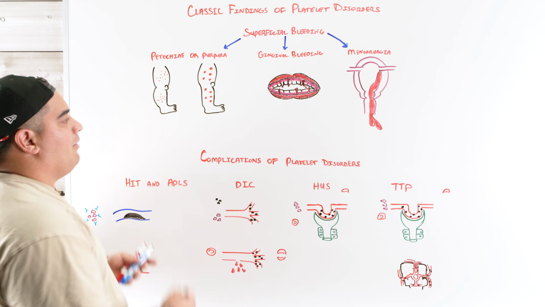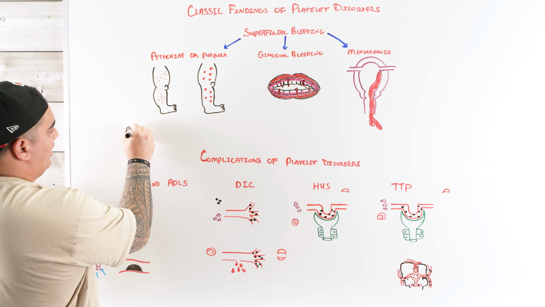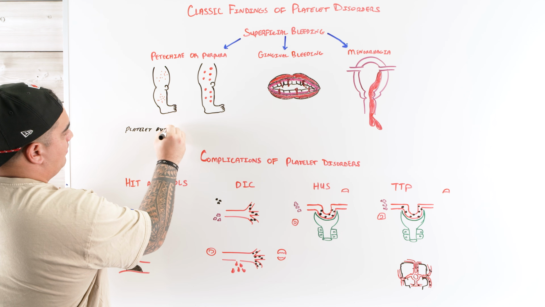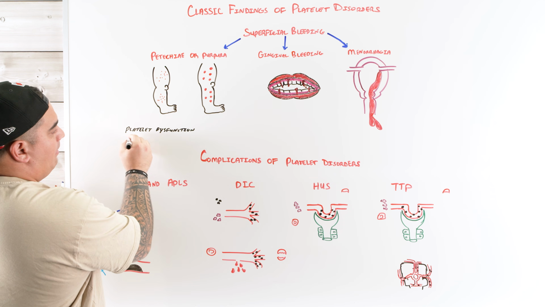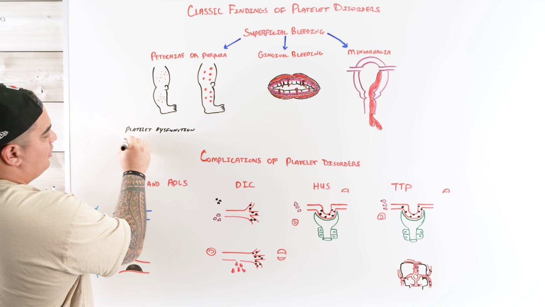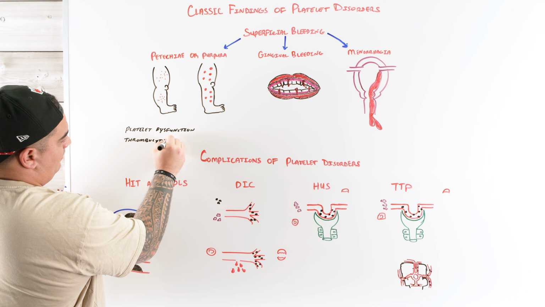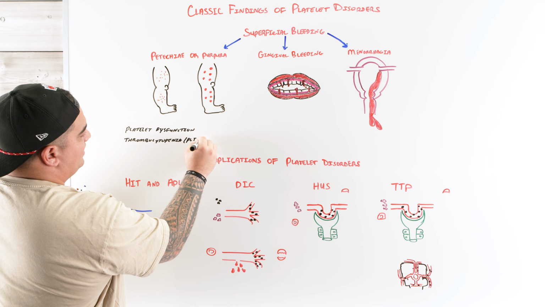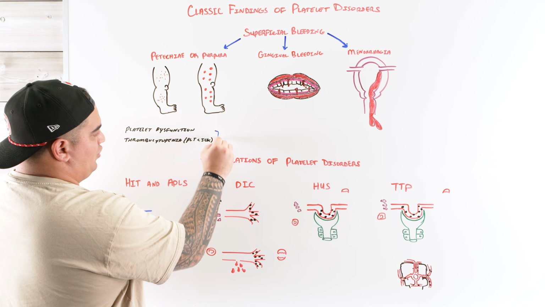So if a patient has some type of platelet dysfunction, they can get superficial bleeding in general. But in order for thrombocytopenia to cause superficial bleeding, you would have to have a platelet count less than 50,000 before you could start to see some type of superficial bleeding.